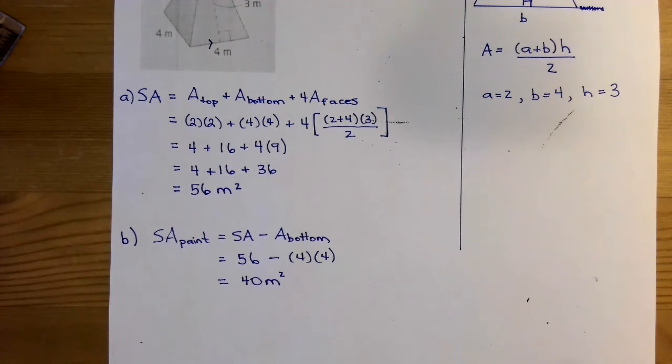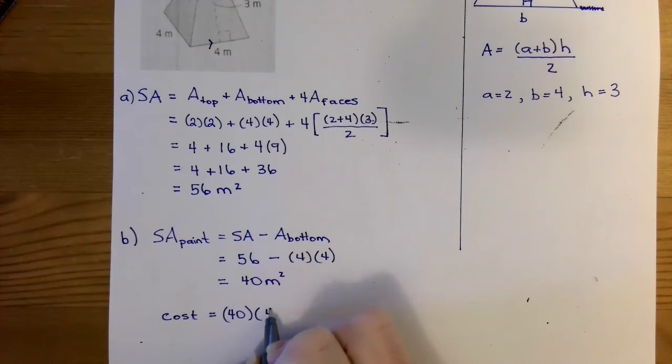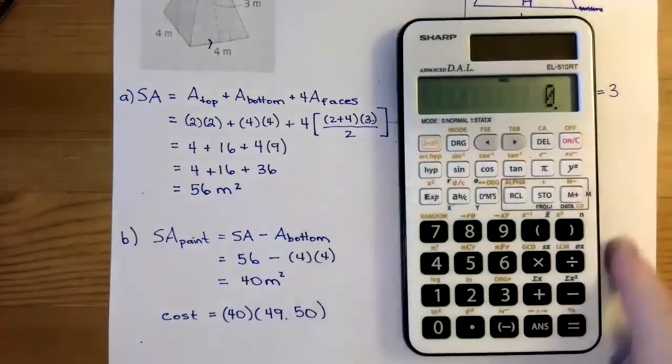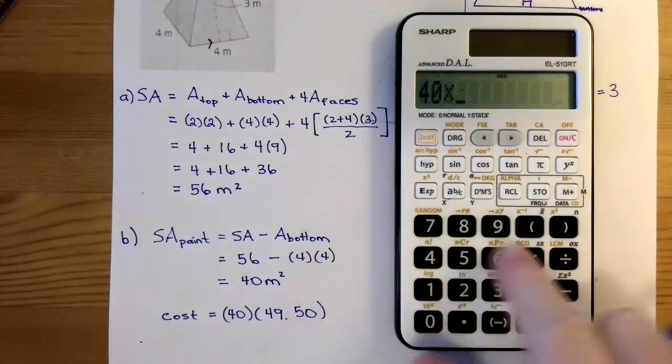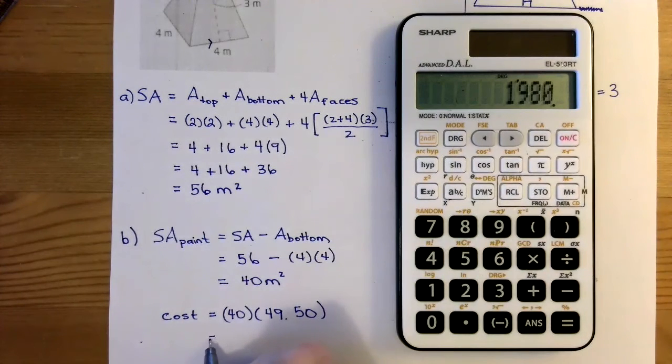So now I know that the paint costs $49.50 per meter squared. My cost is going to equal the 40 multiplied by the price, $49.50. When I plug that into my calculator, 40 times $49.50 is equal to $1,980.